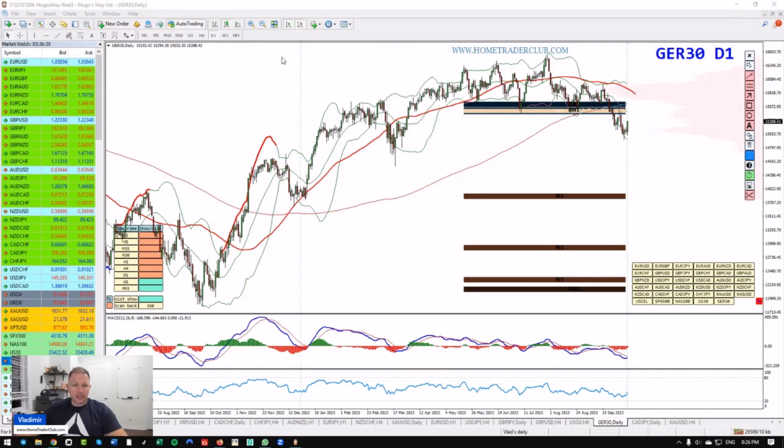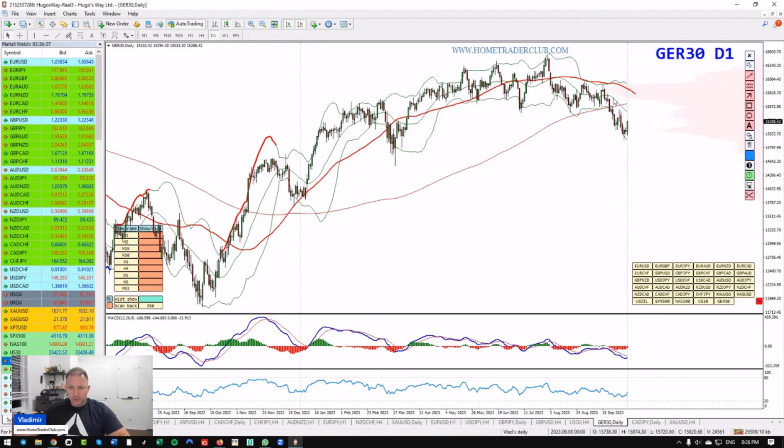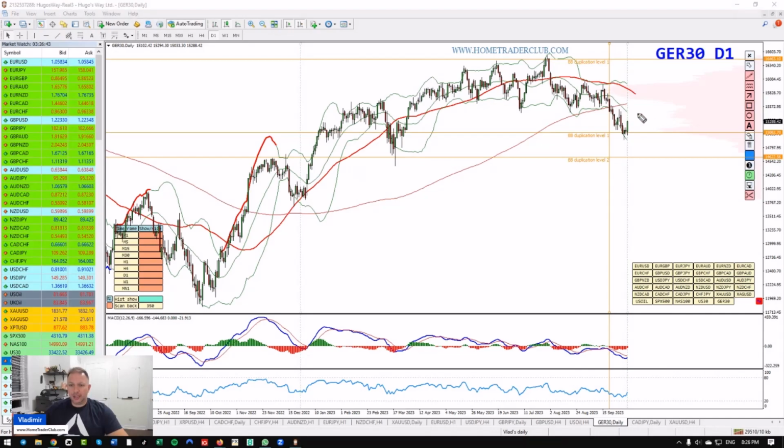Besides that, we have, let me just remove it for a second, the Bollinger Band duplication level for after the breakout. Duplicated strong supportive zone from duplication 1 to duplication 2, a key zone where we could see short-term bounces taking place before continuation.